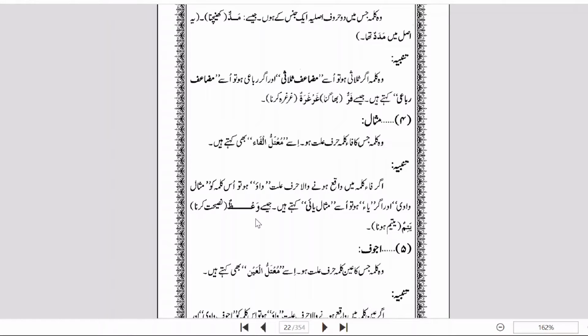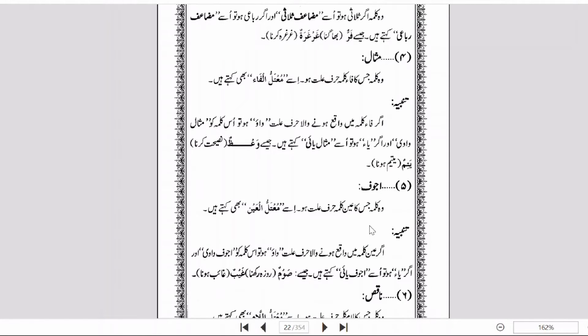Like wa'adun, meaning to advise. In here, waw is in the place of the fa kalima, so this will be misale wawi. And next one is yatimun, to be an orphan. Here, ya is in place of the fa kalima, so this will be known as misale yayi.